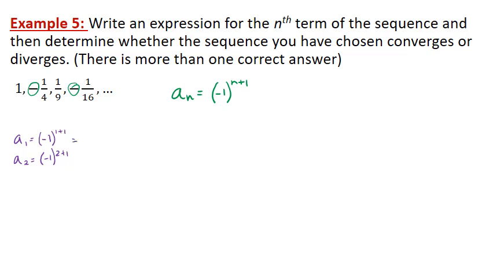Well, what happens there? Well, this is -1 squared, which is 1. This is -1 cubed, which is -1. This is -1 to the 4th, which is +1. So this is what we use to alternate the signs. So this piece here is for alternating signs.